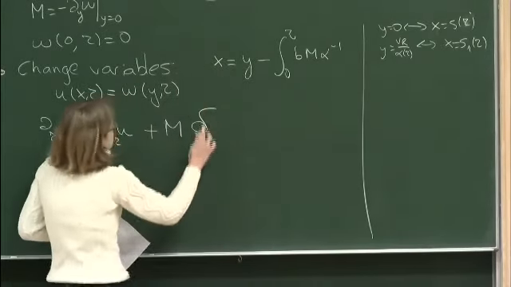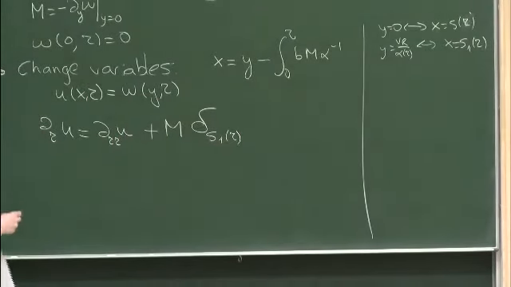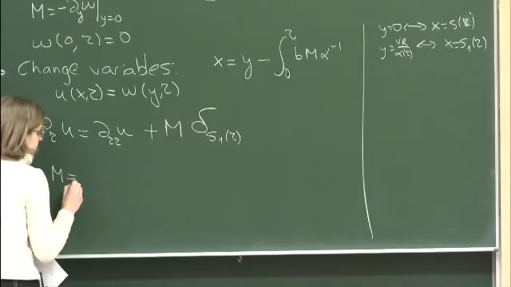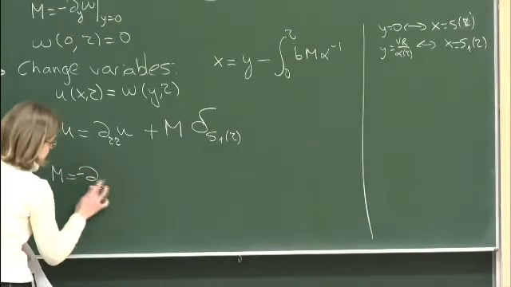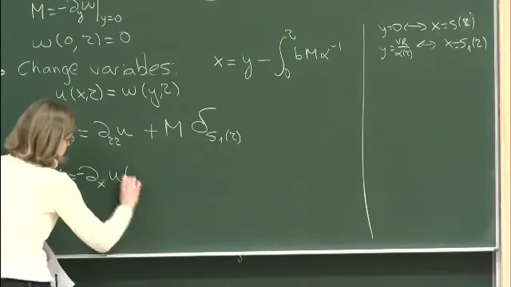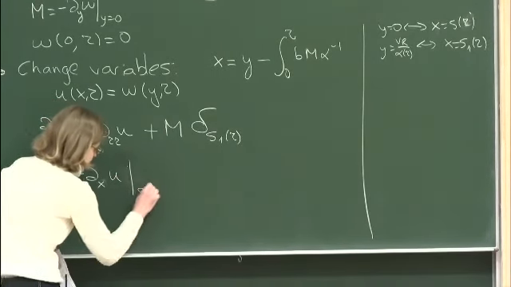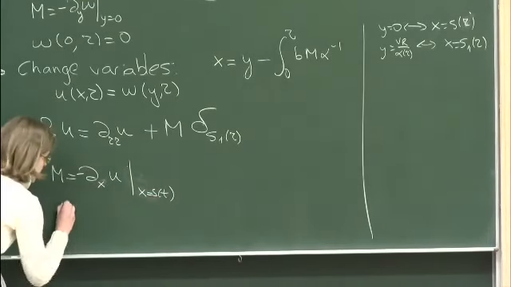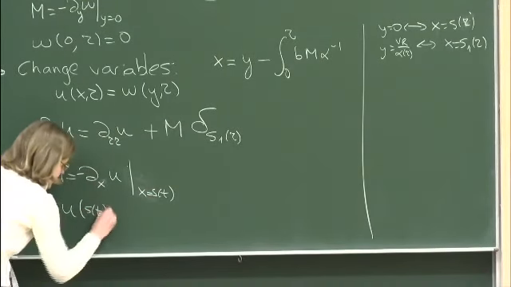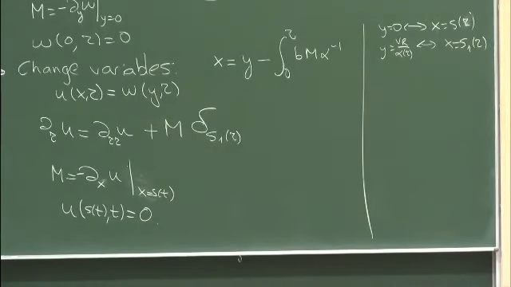Now your delta goes at the position s1 of tau, and m is minus the derivative of the function at the point, not at 0, but at the point x equals s of t, where this s of t is the point where the function vanishes.